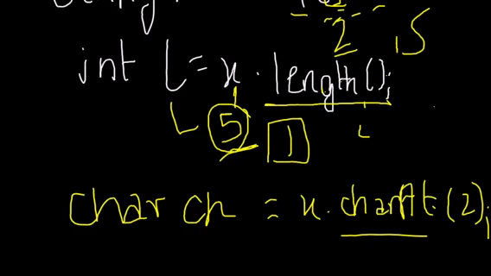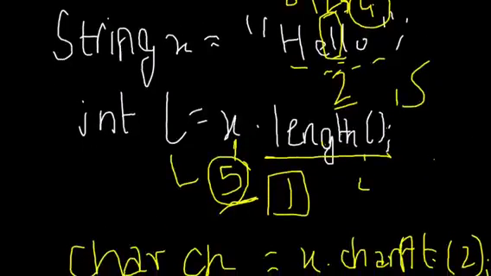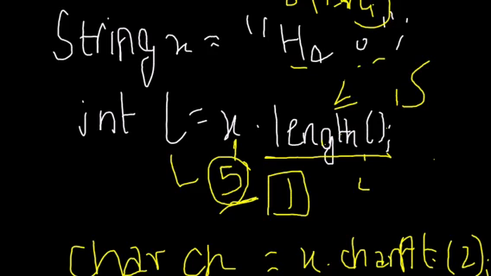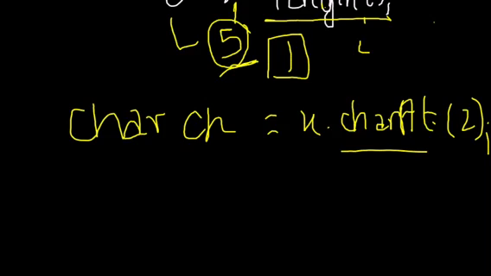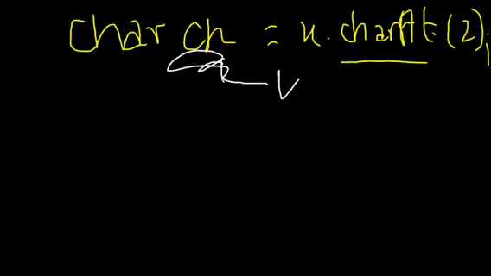This is another function you can execute. It looks at the particular position and gives you the character at that position. So ch gets the value L. Those are 3 functions which we're heavily going to depend upon for writing our code.